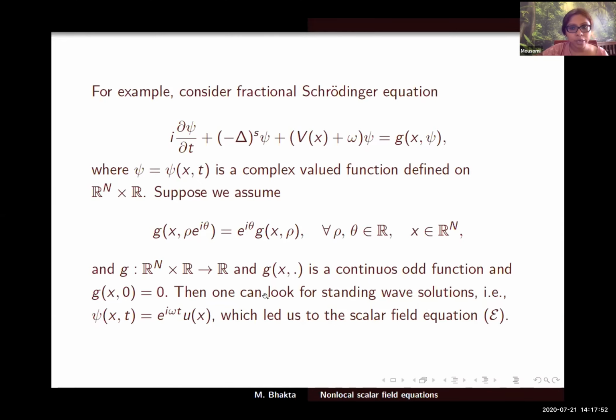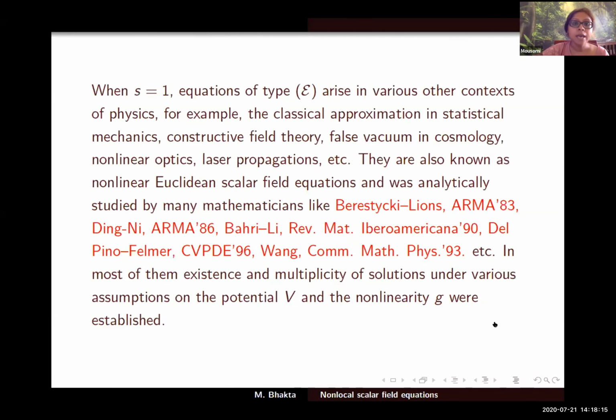Then one can look for a standing wave solution, psi(x, t) = e^{i omega t} u(x), where omega is this one. If you substitute that, it leads to finding the solution of (E), the scalar field equation. So it's very important that you understand this equation (E), the scalar field equation.